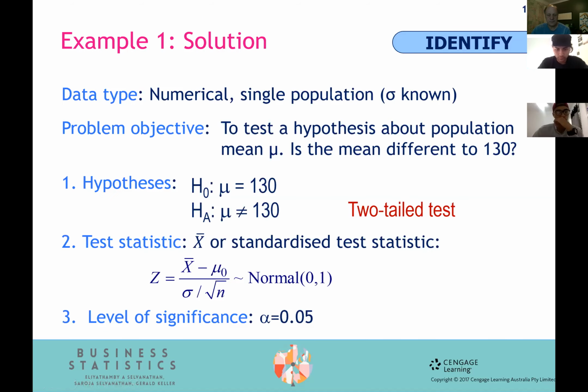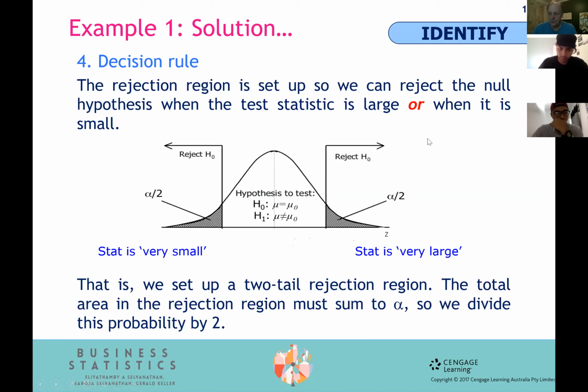In this particular case, take note, we're interested if the time that it takes, this 130 seconds, is not equal to 130. That means it's called a two-tailed test, and you'll see now why. Okay, so now we have to establish a rule. The rule is if we calculate the average for this 100 and it falls within this area, we're going to accept the null hypothesis, which means it doesn't differ.